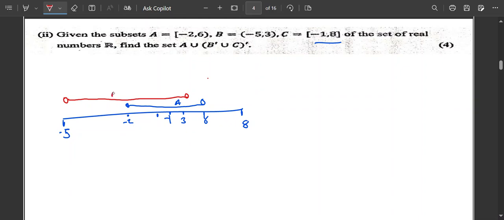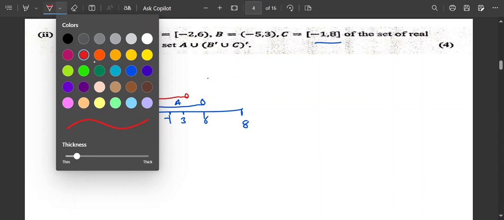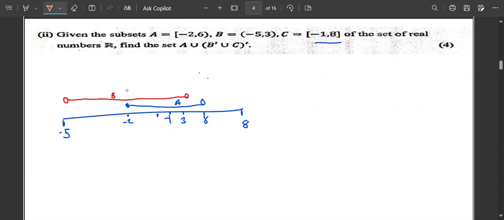This is my B. Then my C will be what? I have negative 1 there, which is closed. All right. So negative 1 there. This is our negative, right? No, I need to have a negative. So my negative was supposed to be here, negative 1.